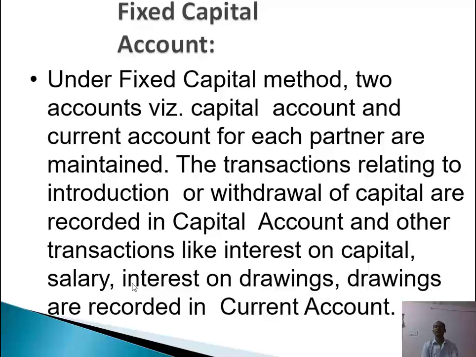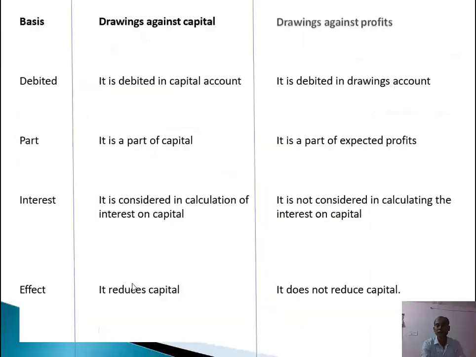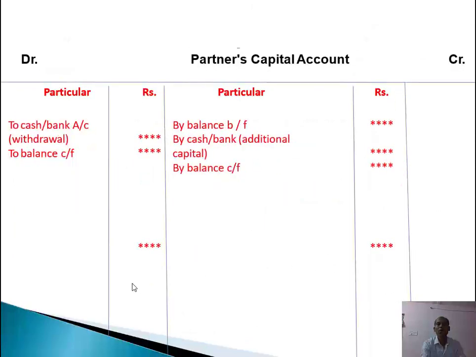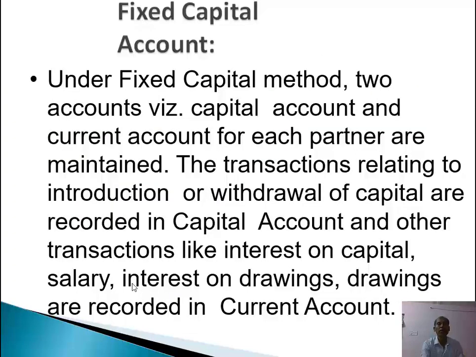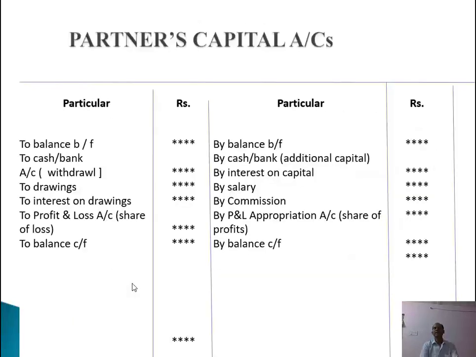All salaries, drawings, commission should be mentioned in the current account, and only capital should be mentioned in the capital account. Whereas in the fluctuating capital method, including capital, all other aspects should be written. See, in this, the balance as well as all salary, commission, and all others are mentioned in the partner's capital itself.